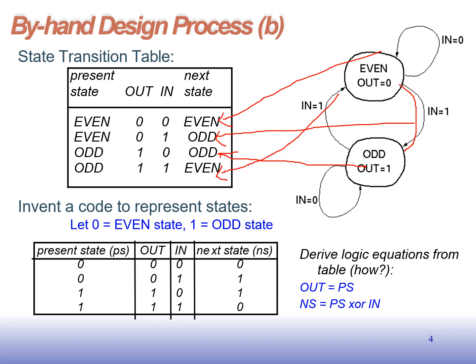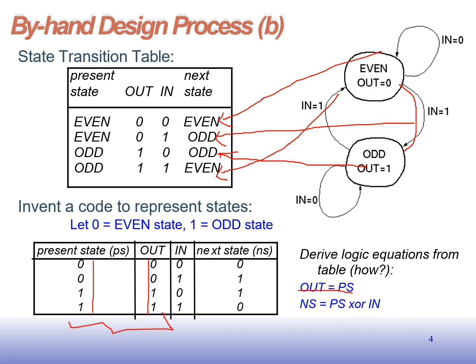Now we can do the circuit diagram from this simple truth table. If you see the table, the output is the same as the present state. You take this column and this column, both are the same. So we can write output equals present state.